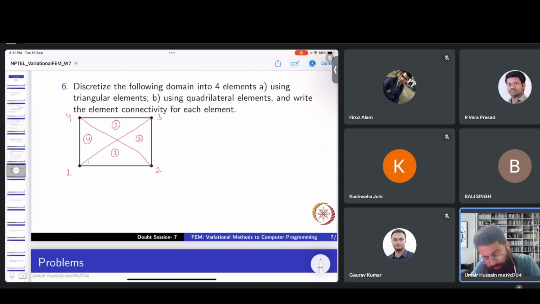Then local node numbers inside: 1, 2, 3, 1, 2, 3, 1, 2, 3, 1, 2, 3. I forgot, this is the fifth node here.